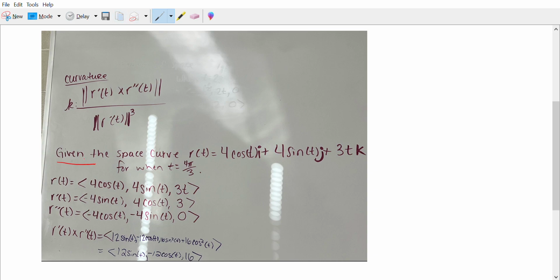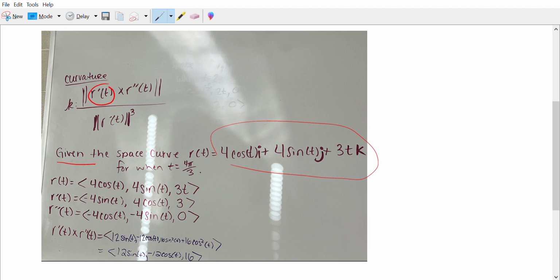Okay, getting started, we want to find each of these pieces. I like to rewrite r of t as 4 cosine t, 4 sine t, 3t. It's just using your equation here and rewriting it. And then find the derivative. The derivative of cosine is negative sine.